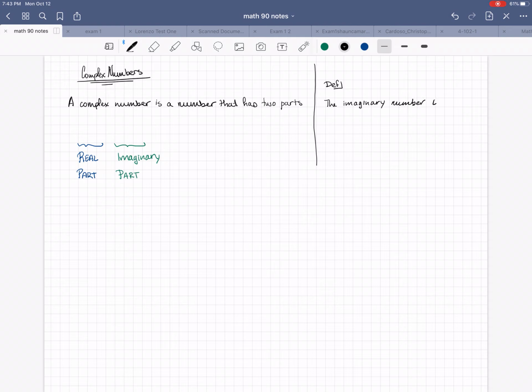It's typically written in sort of cursive, and it is the number whose square is -1. So in other words, i squared is -1. This is how we define the imaginary number i.